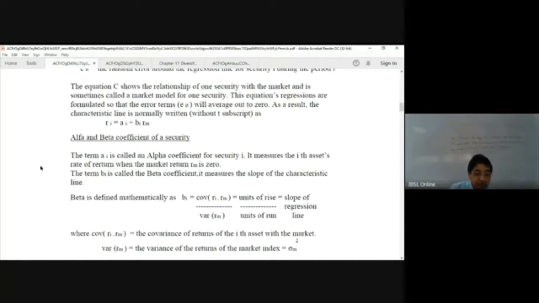And there's another definition for beta: beta is equal to the covariance between the asset return and the market return, divided by the variance of the market return.